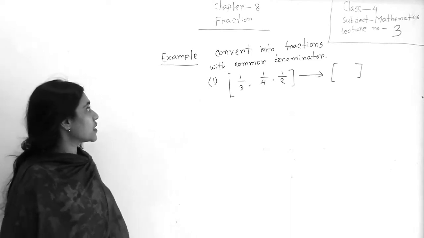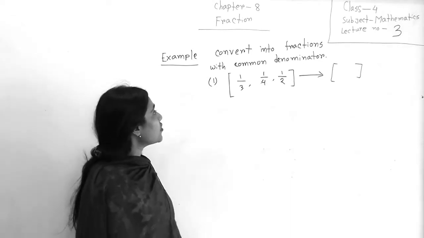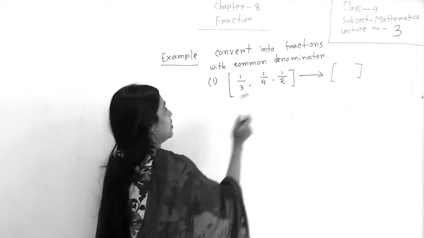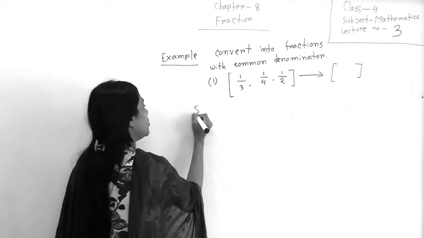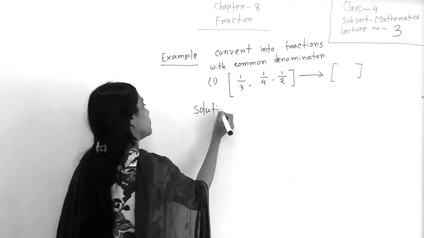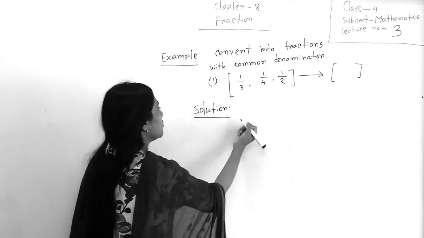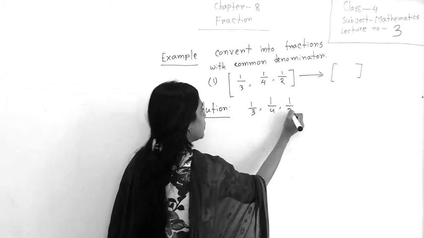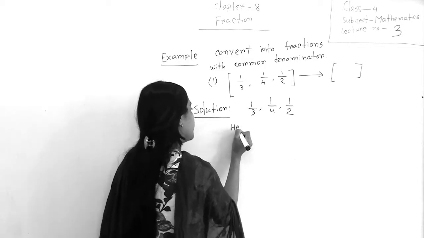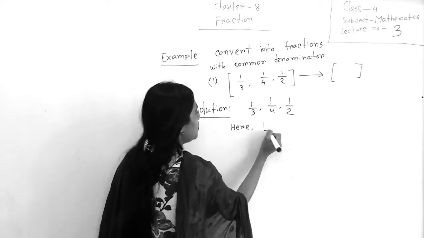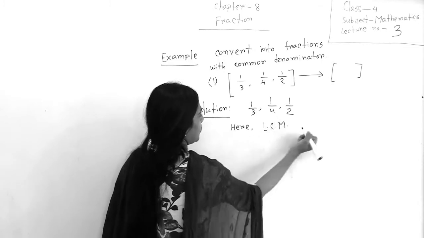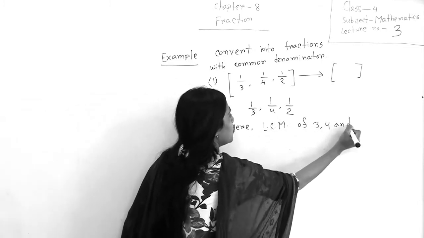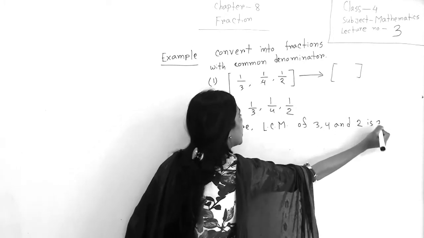Here is another example. Convert into fraction with common denominators. But here is 3 fraction. So solution is here LCM of 3, 4 and 2 is 12.